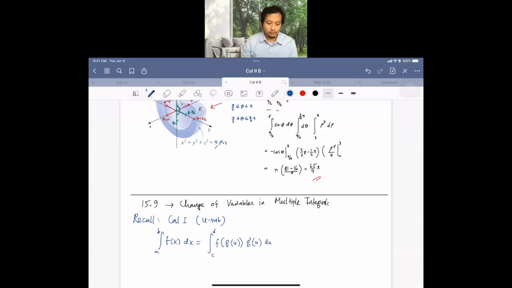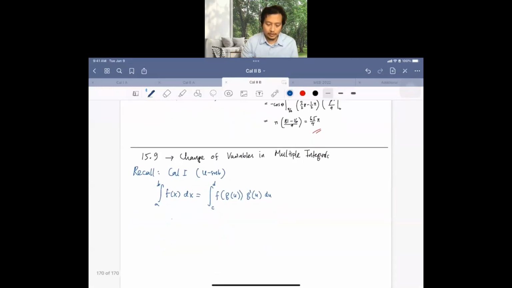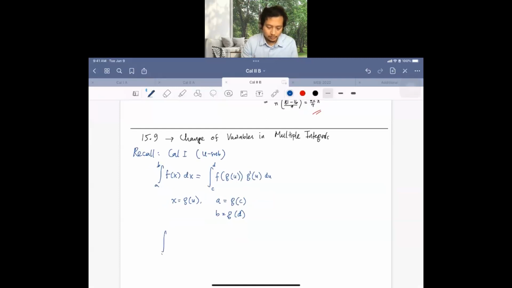Where x is g of u, or we can also write that a is g of c and b is g of d, right? Or we can write in terms of the differentials.